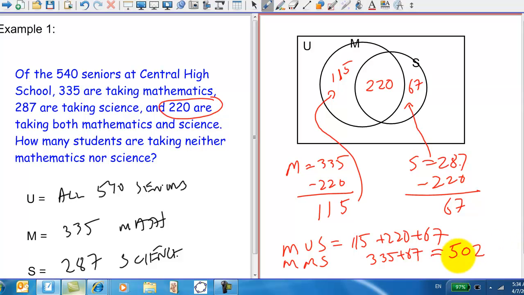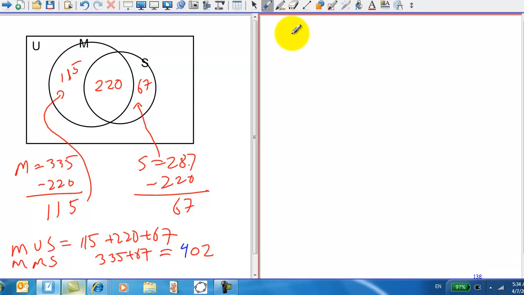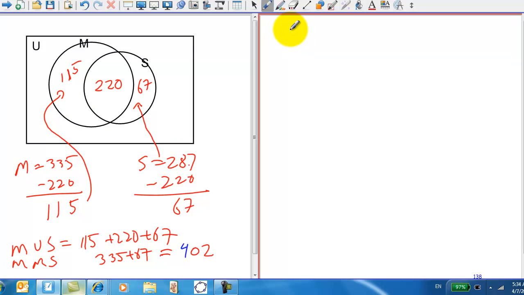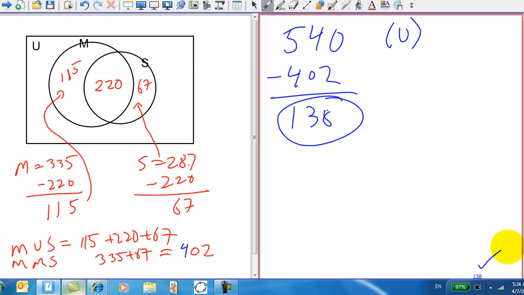Oh no, there's only 402, I'm sorry. So 540 minus 402 is equal to U minus the 402, and we get 138. And that checks with our answer.